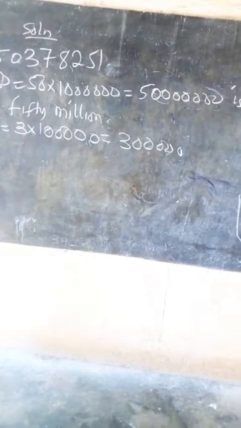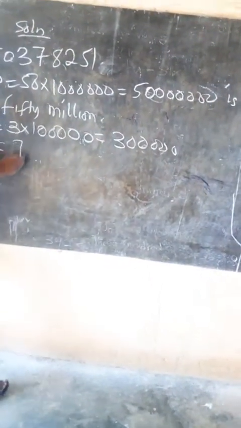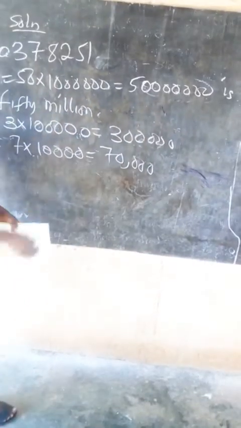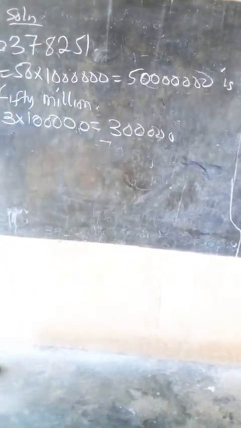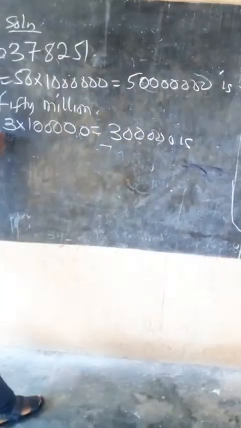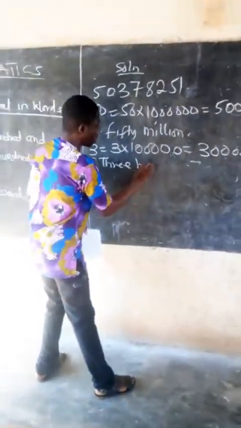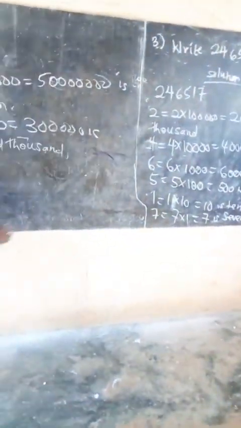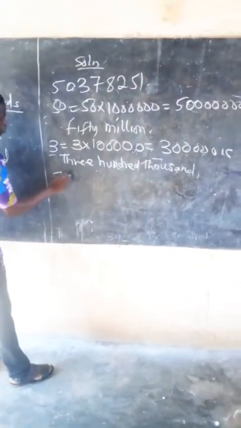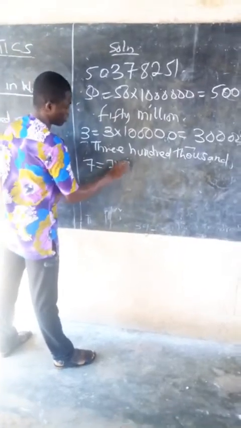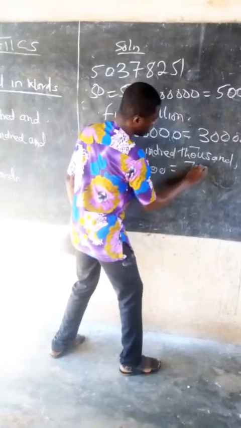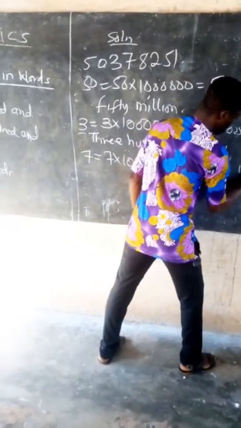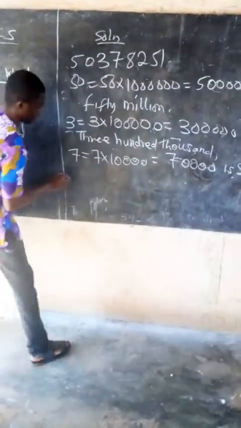From 100,000 you move to 10,000. 7 is in 10,000. It's 7 times 10,000, which is 70,000.